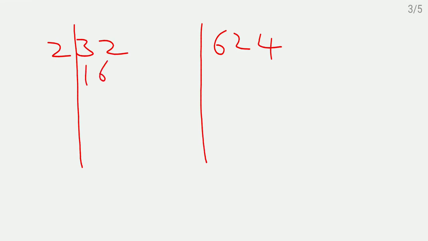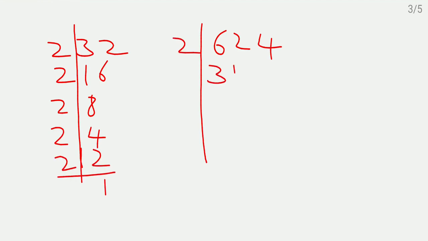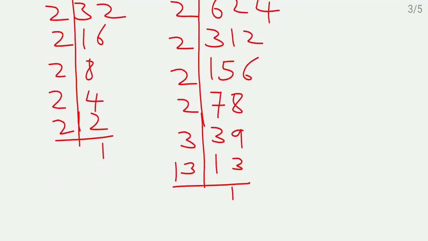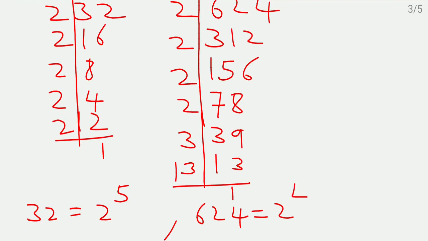Here 32 is 2 raised to 5, and 624 is 2 raised to 4 into 3 into 13.